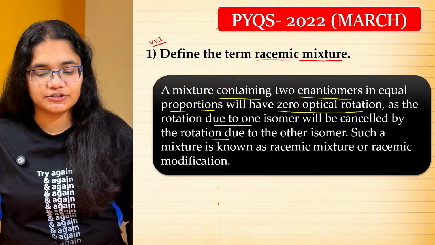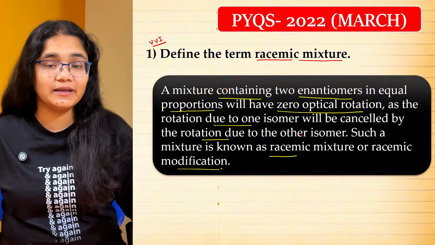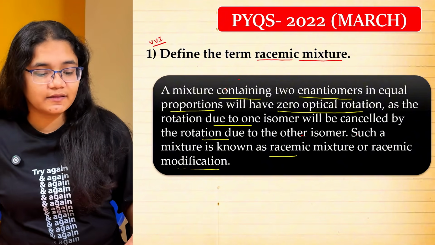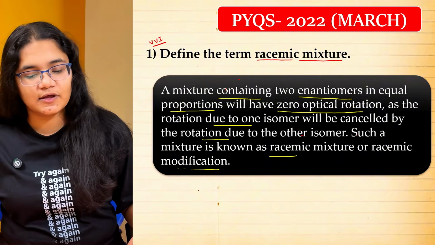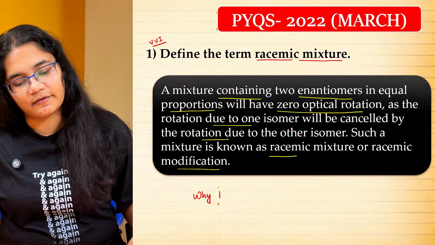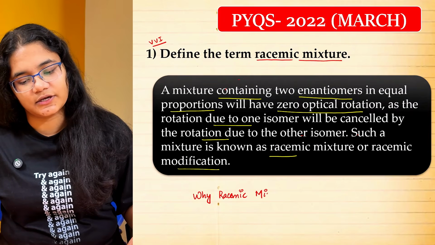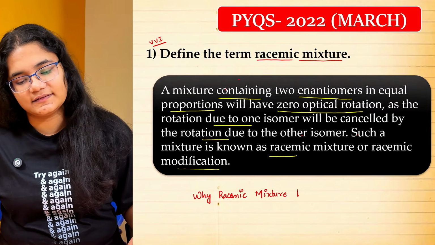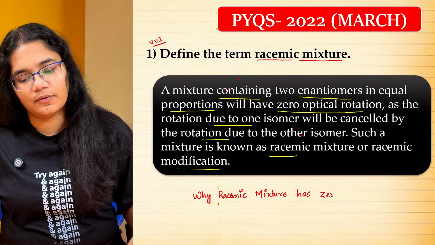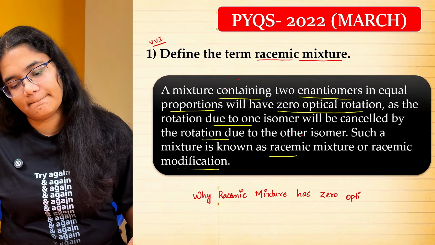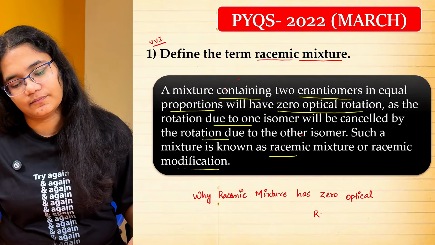Such a mixture is known as a racemic mixture or racemic modification. Now another question can also be asked, that is, why the racemic mixture has zero optical rotation.